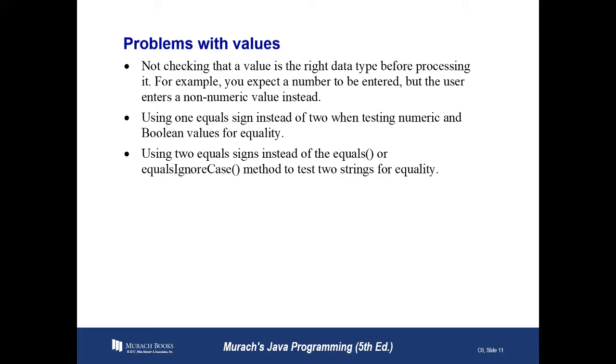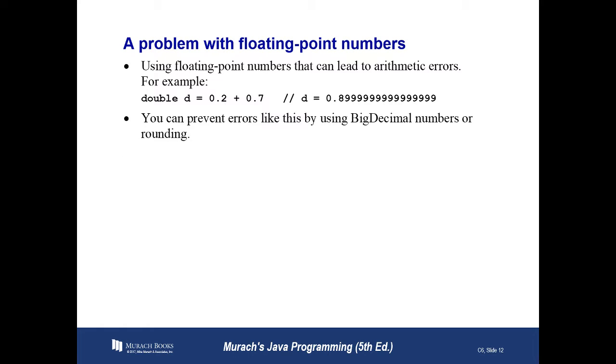We could accidentally use one equal sign instead of two in an if statement when we're testing numeric or Boolean values for equality. That could cause us some inconsistent results and potentially a runtime error. We could accidentally use two equal signs instead of the equals or equals ignore case methods to test two strings for equality, and that could lead to a runtime error or inconsistent results.